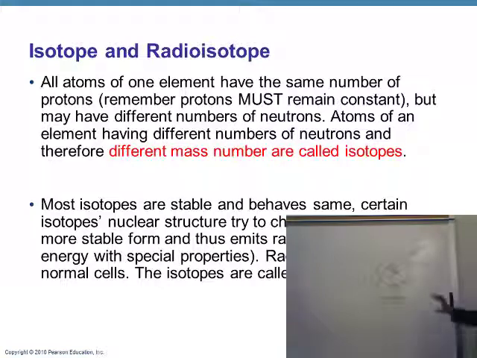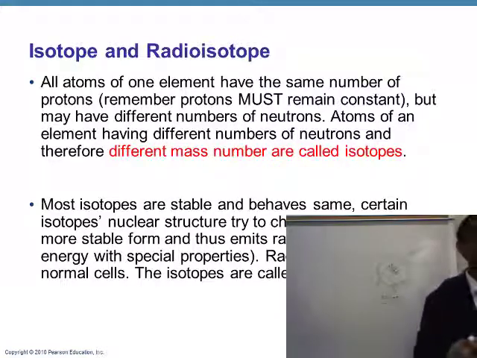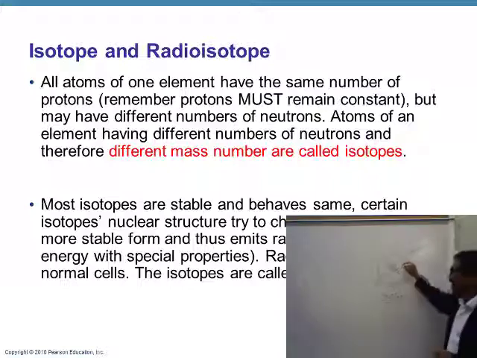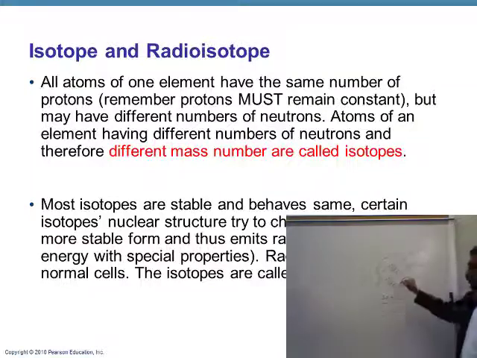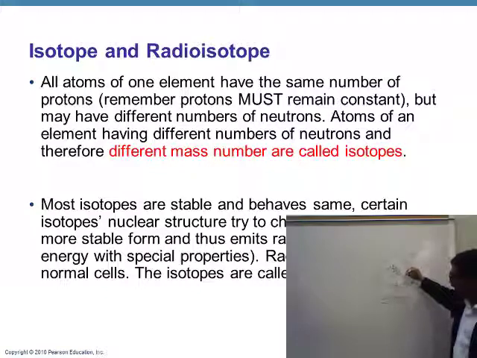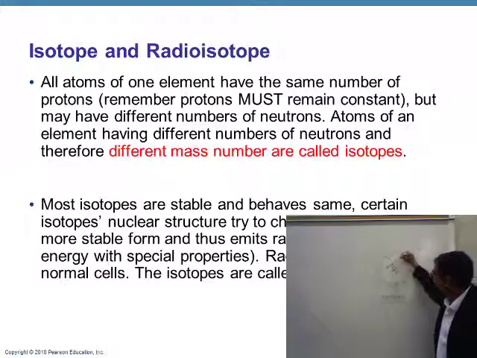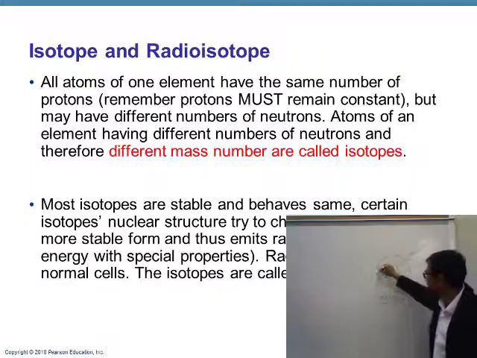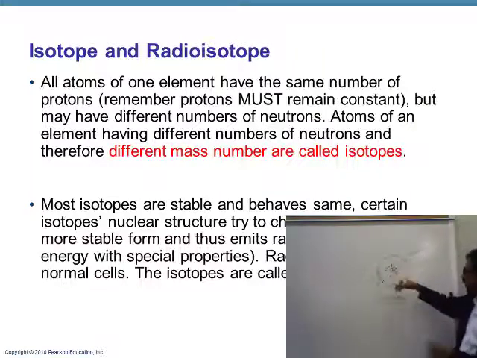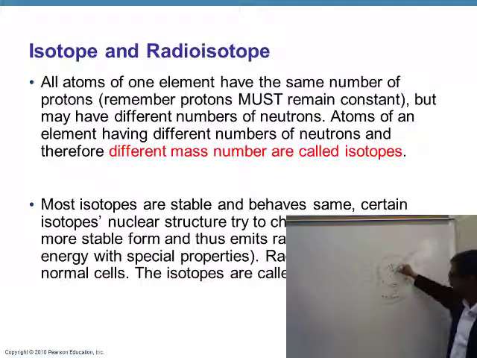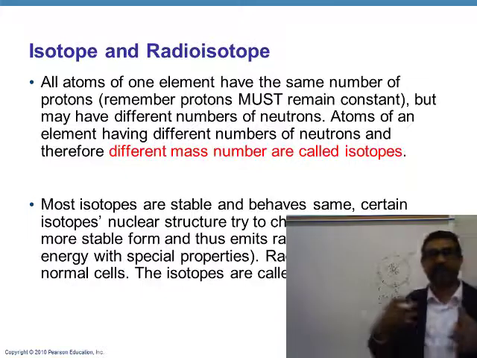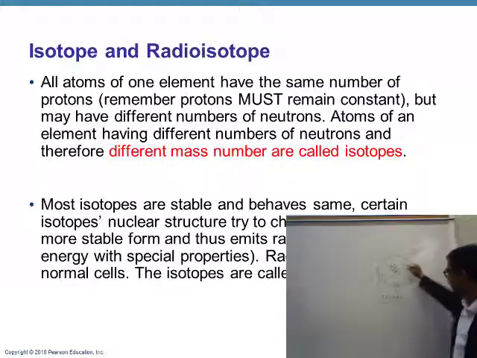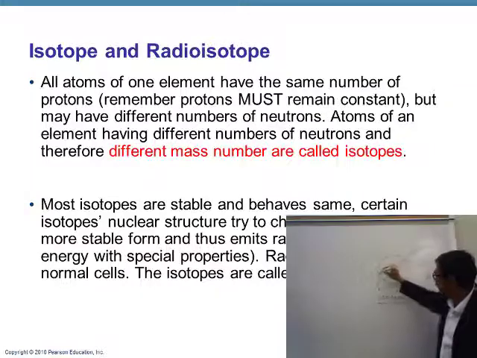Now, sometimes what can happen, due to that unequal number of protons and neutrons in the nucleus, the isotope, not always, sometimes the isotope can start to emit radiation. Because of that unequal number, instability can be created here. Unrest can be created here, and that nucleus can start to emit radiation.